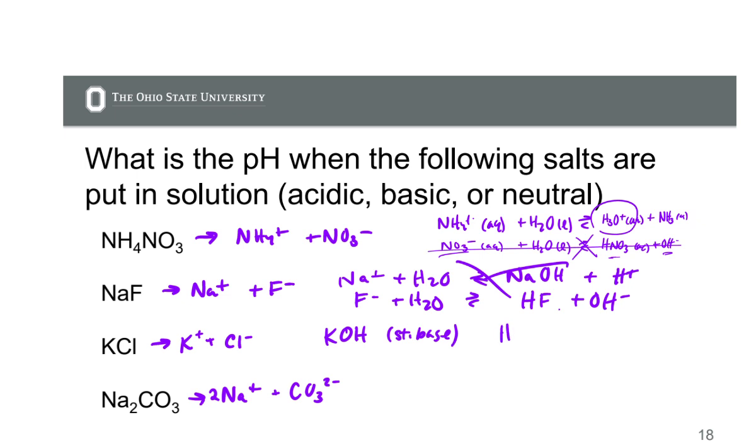And we could potentially form HCl if we combine Cl minus with water, and that's a strong acid. Okay. So those won't form. We should end up with a neutral solution. That'll be the same for sodium chloride as well. Okay, so we'll prove the concept of that.